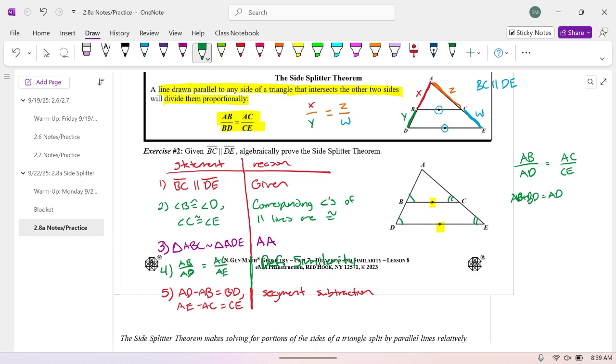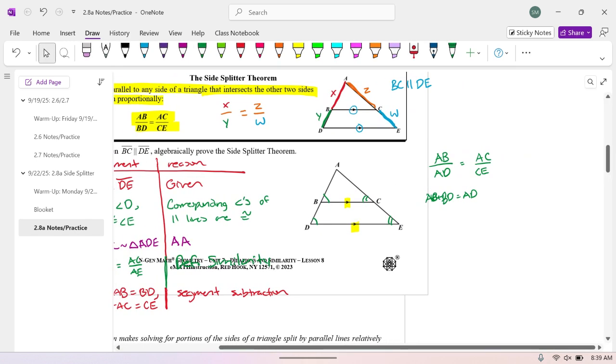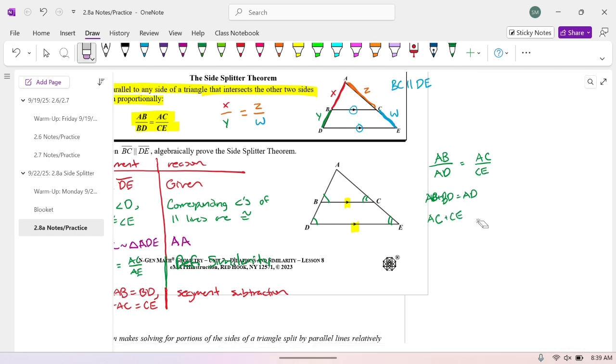AC plus CE. Okay, we know those sides added together will give us that proportion.